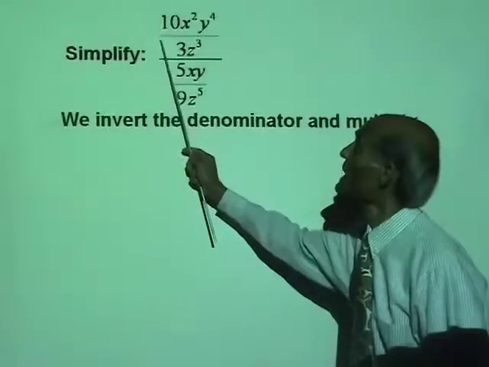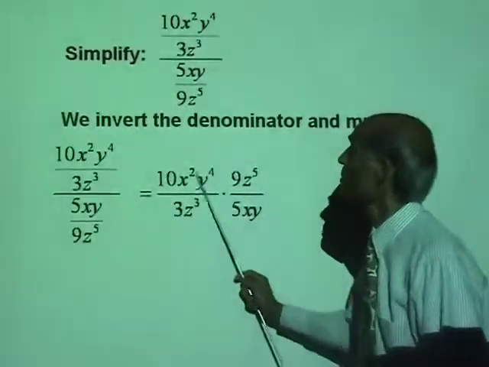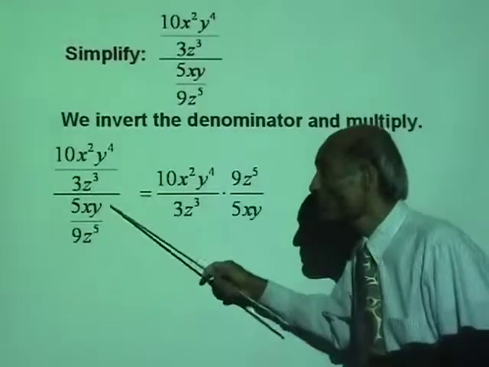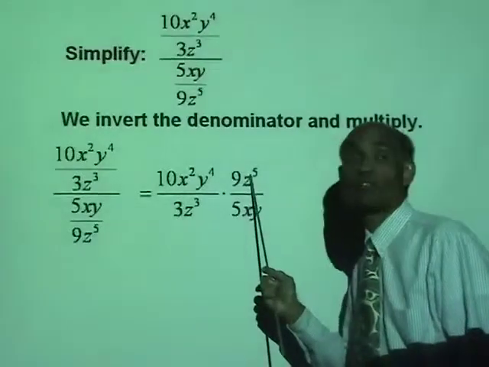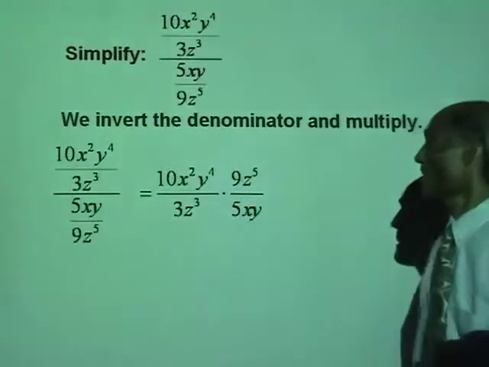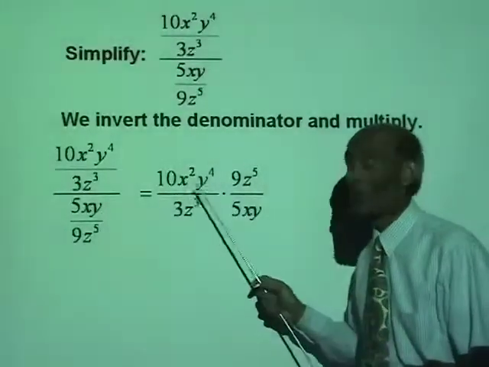We will first write the numerator fraction. There you are. This is the numerator fraction multiplied by, invert the denominator: 9z to the power of 5 goes to the numerator and 5xy on the denominator. Well, now you know how to handle this.